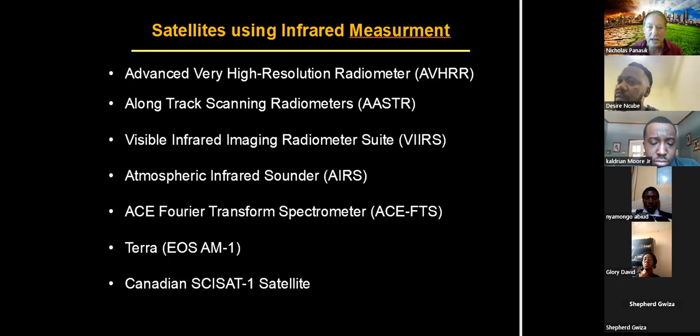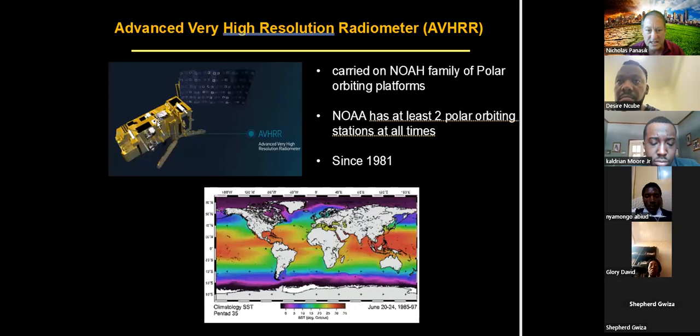The first one is the Advanced Very High Resolution Radiometer, or the AVHRR. This is an instrument that's carried on a satellite, part of the NOAA series of polar orbiting platforms.